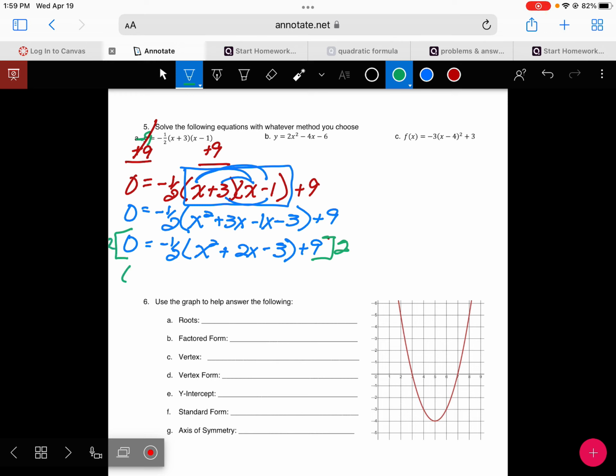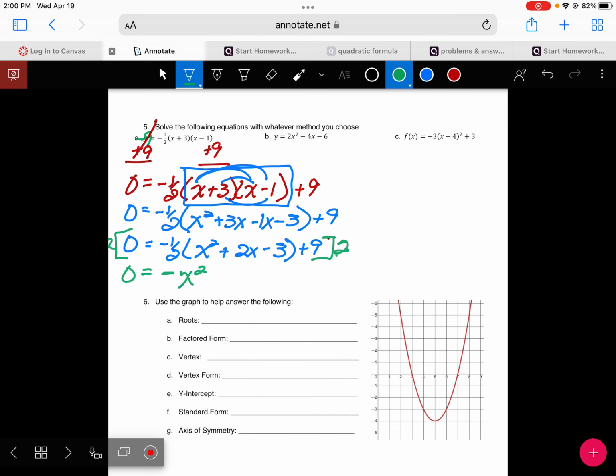So 2 times 0 is 0 over here. 2 times negative 1/2 times x squared is going to give me negative x squared.